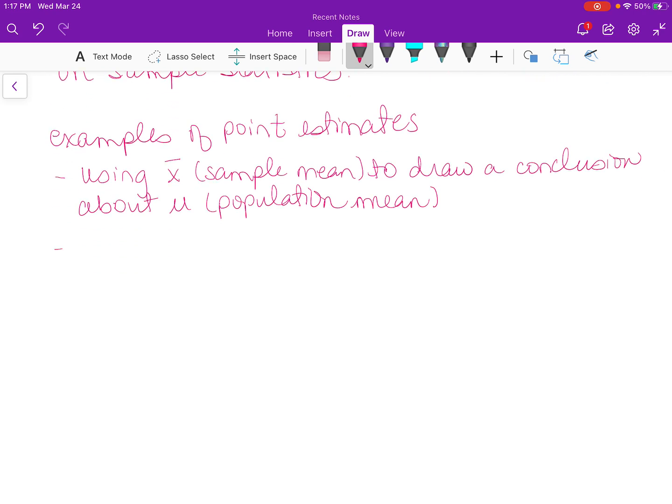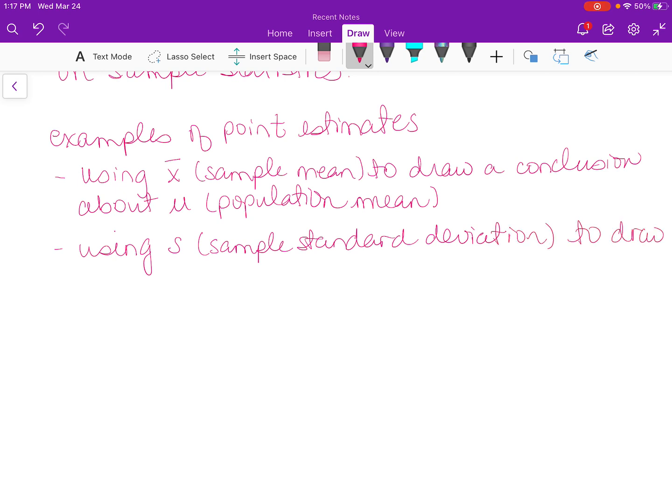Another example would be using S, which is sample standard deviation, to draw a conclusion about sigma, which is your population standard deviation.